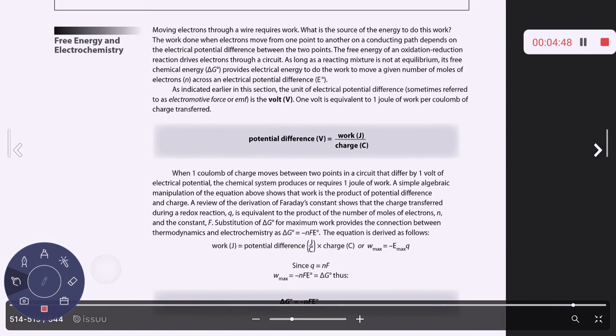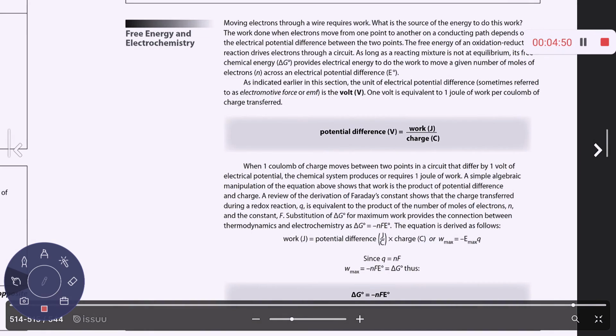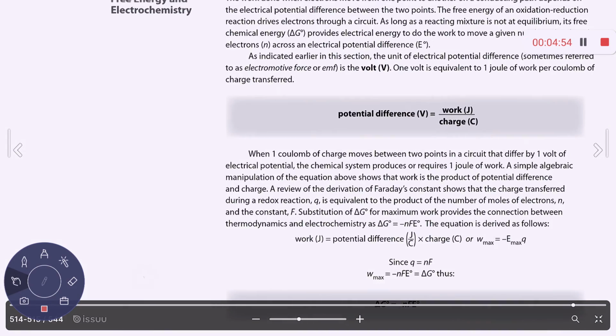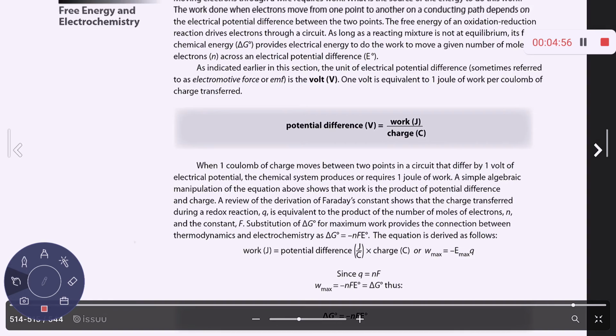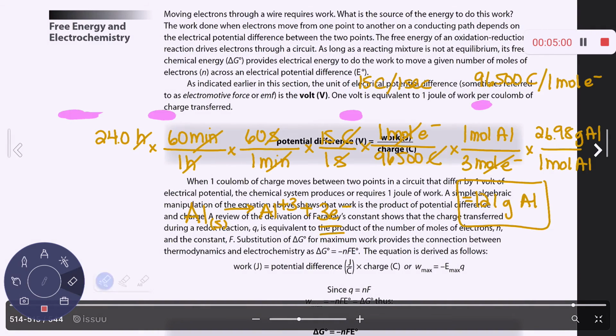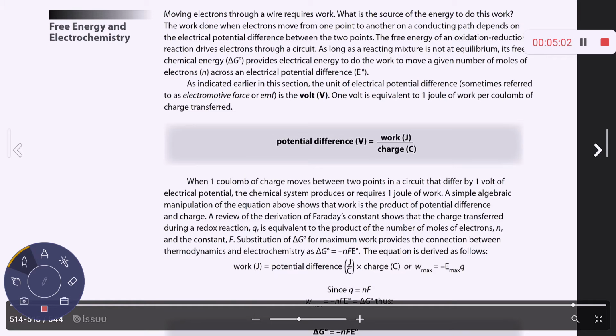Let's talk about free energy and electrochemistry. The free energy of a redox reaction actually pushes electrons through a circuit. So if you're not at equilibrium, then Gibbs free energy gives you the electrical energy to do work.